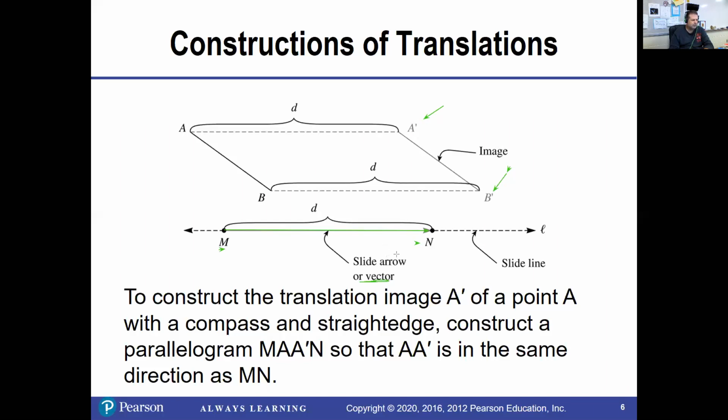We would now have the shape from A prime, B prime, and that's what you're left with.